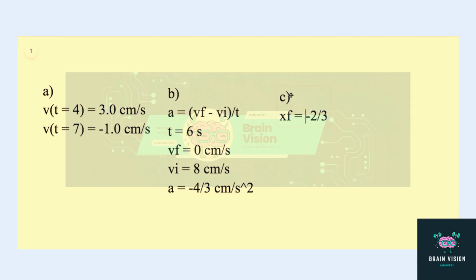So we had 8 centimeters per second times 4.5 seconds minus 2/3 times 4.5 squared. Now entering this into a calculator, you get 22.5 centimeters.